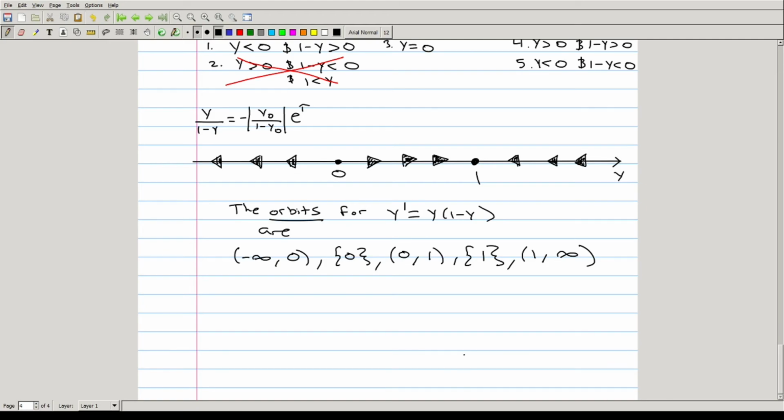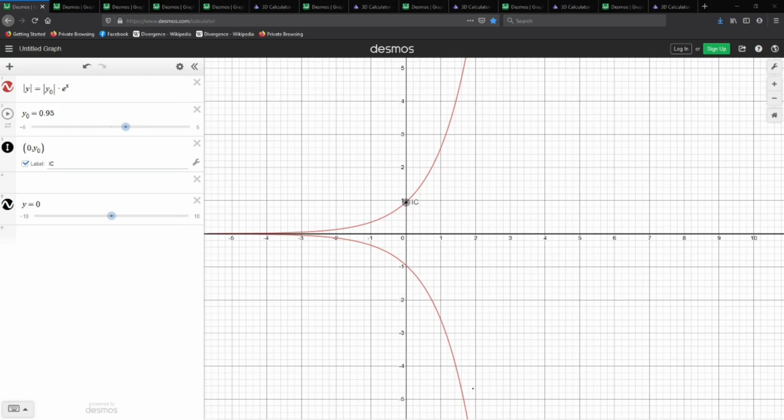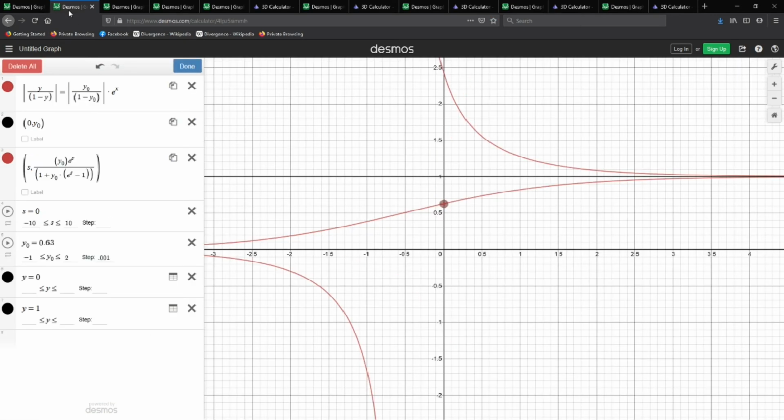So if we, just like we did for the Malthus equation, take a look at a plot of this, the solutions really are behaving exactly as we would expect for a given initial condition, y naught.